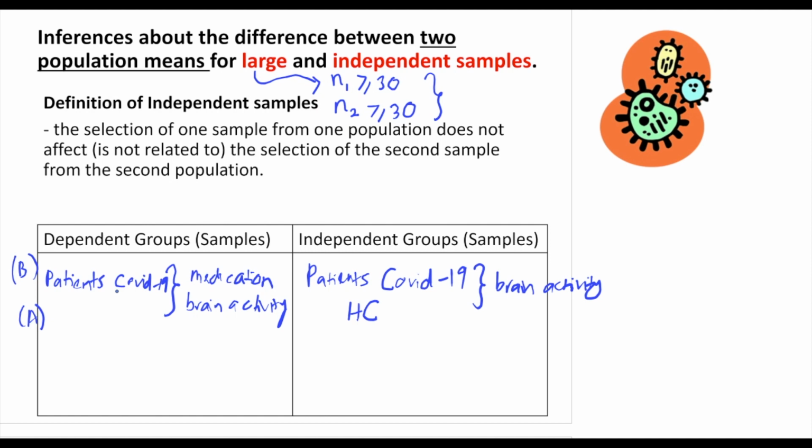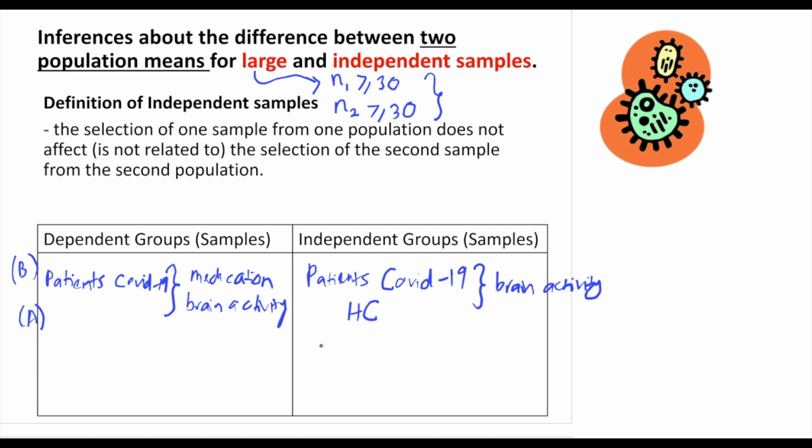So now here, my subjects in the first group are also the subjects in the second group. So I have similar subjects for the first and the second group. In the independent groups, the subjects in the first group are not related to the subjects in the second group.